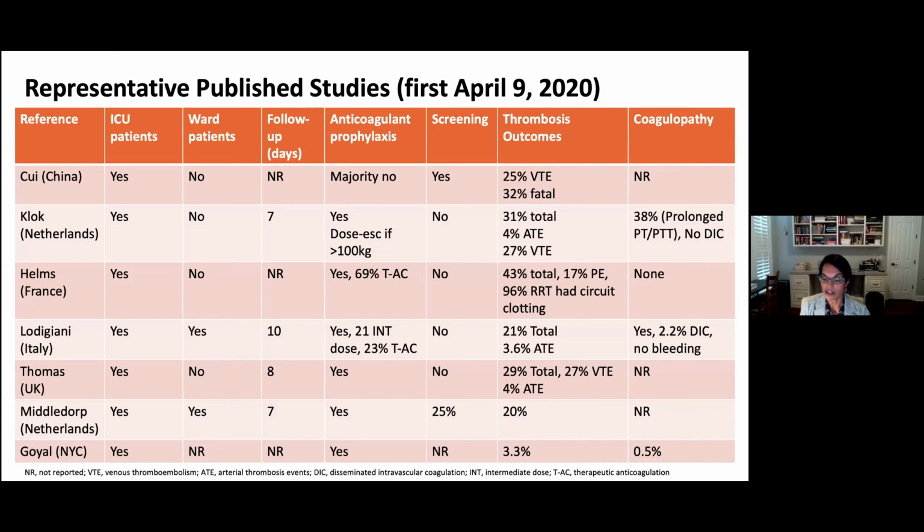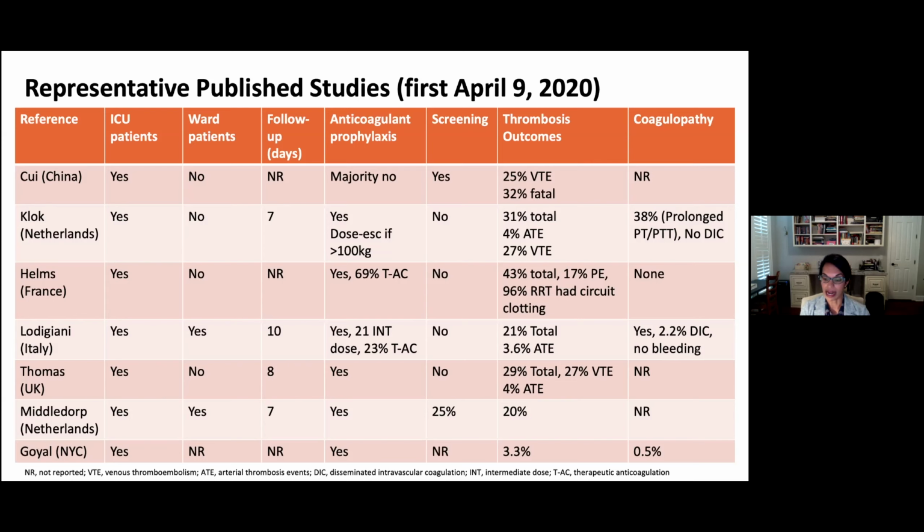It's noted that in the first study from China, no routine VTE prophylaxis was utilized, and this may explain the higher thrombotic rates that we're seeing here. Most other studies did use routine anticoagulation prophylaxis and even dose-escalated prophylaxis. And despite this, VTE events were not entirely mitigated.